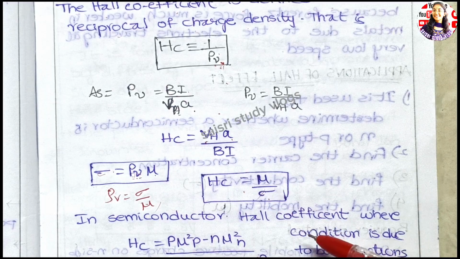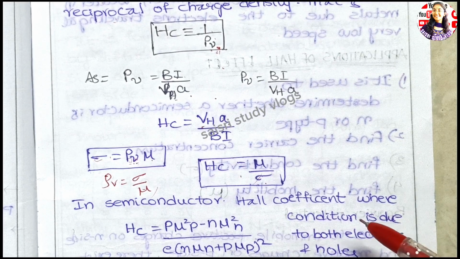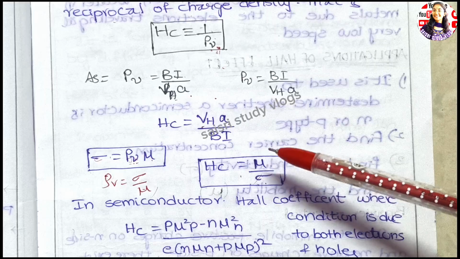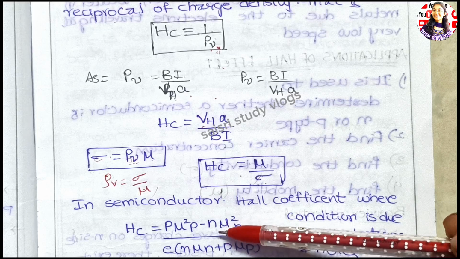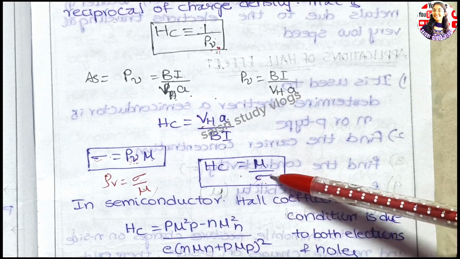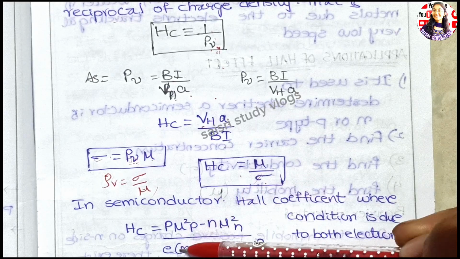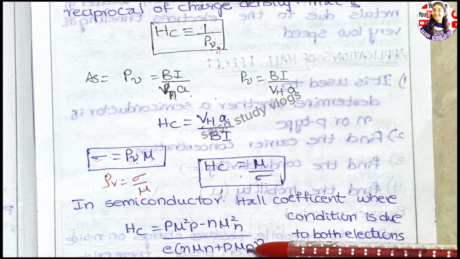In a semiconductor, the Hall coefficient is due to both electrons and holes. We already know the mobility formula which we have learned before, that is P into mu square P minus N into mu square N. And the conductivity sigma formula is the charge e into N mu N plus P mu P, whole square.